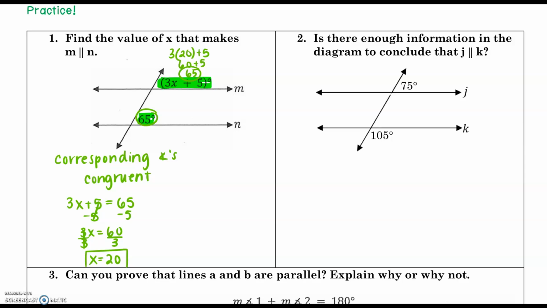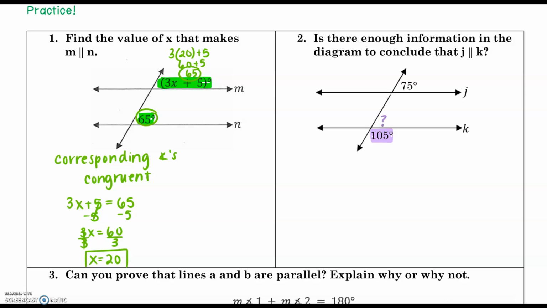For the next one, is there enough information in the diagram to conclude that J is parallel to K? So in this case, if we look at the two angles we're given, 75 degrees and 105 degrees, these two angles don't specifically have an angle pair that we've talked about, but we can find some other angles based on this that will help us out. So what I'm going to do is look at the 105 degree angle.